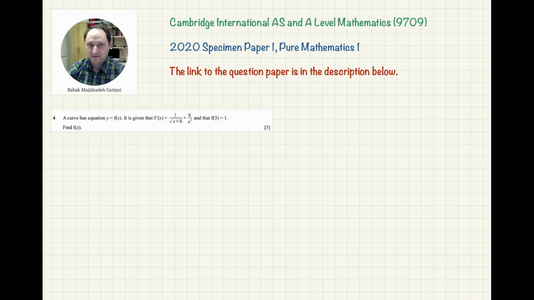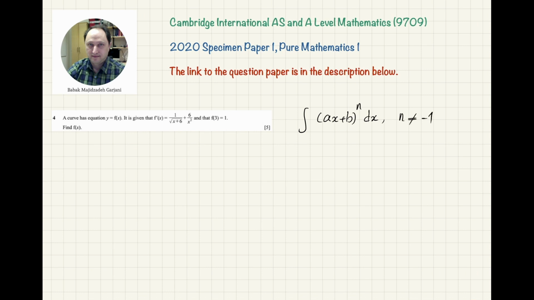But before tackling the problem immediately, I want to make sure that you know how to calculate integrals of this type. You have an integral of (ax plus b) to some power n dx, where n is not equal to minus 1.